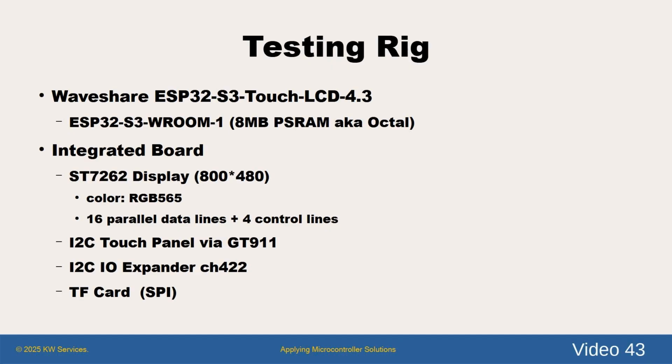Instead, the touch panel uses an I2C interface to a GT911 device. All of these data lines are not available on the ESP32 chip, so Waveshare included an I/O expander. Finally, it's nice to see they used a standard SPI interface to the TF card.